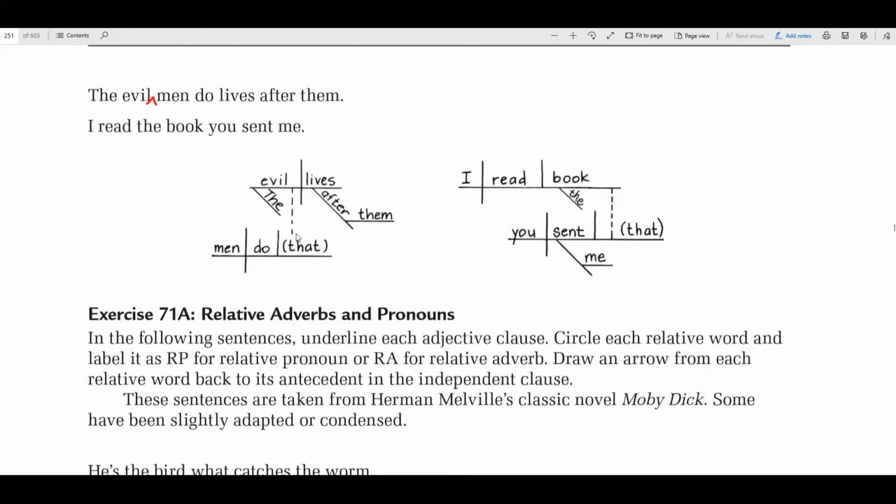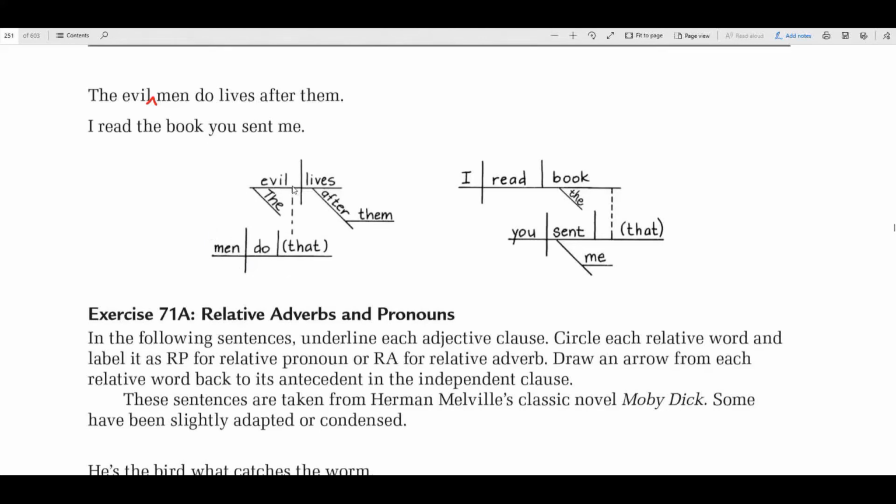And then they bring this down and put that in parentheses because it's understood to be there. It's just like when we were doing you understood, but this is one of those relative pronouns that's understood to be there. The evil that, and then the subject and the verb of that sentence is men do.